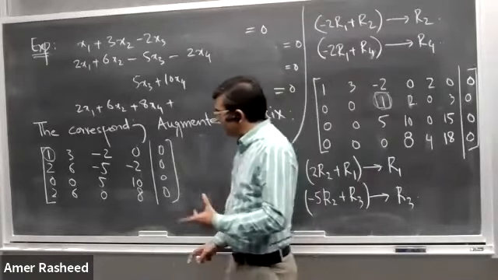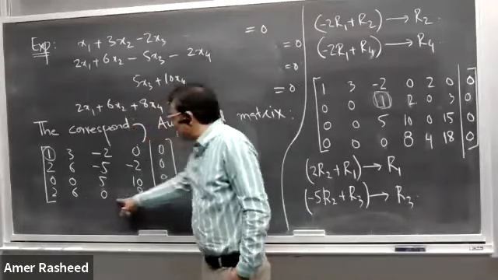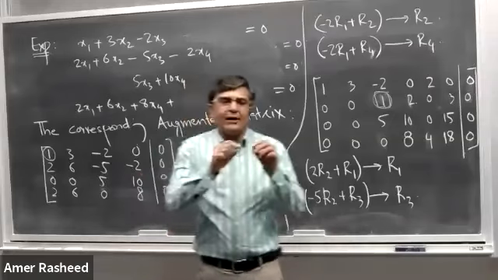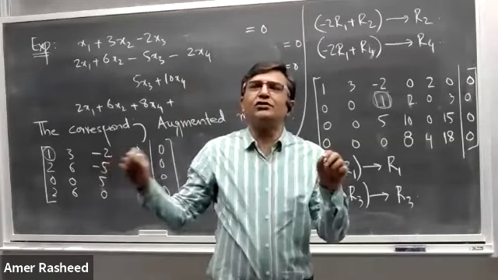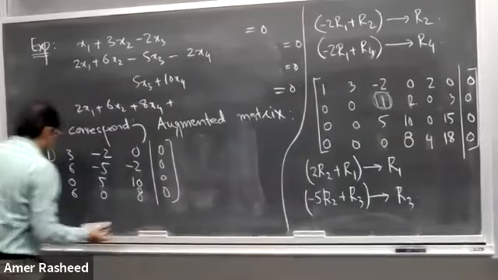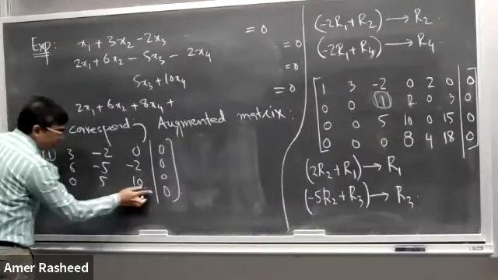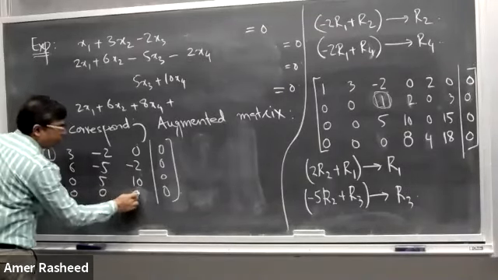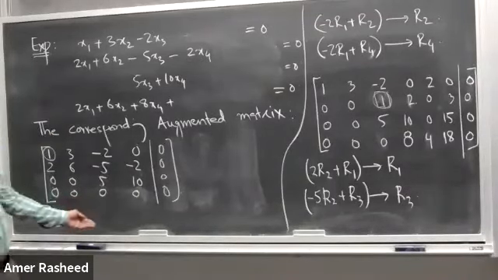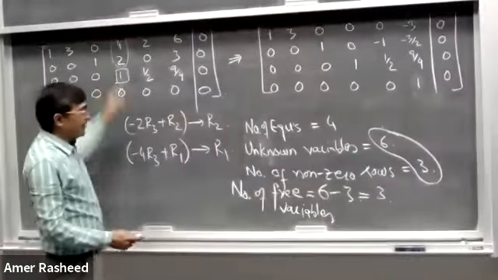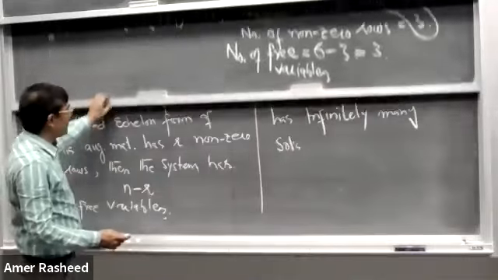When do we obtain infinitely many solutions? When the last row or any one of these rows has all zeros. Means if one row is entirely zero in the reduced echelon form of this matrix, then that theorem applies, which we discussed here.